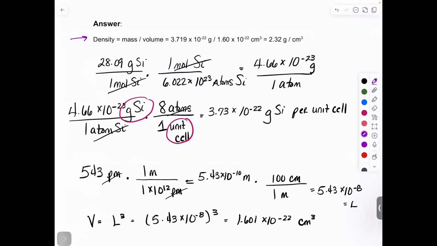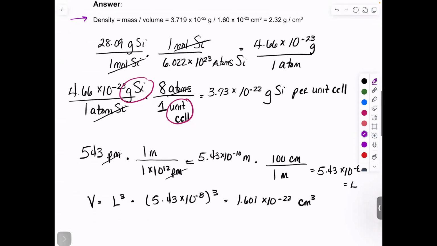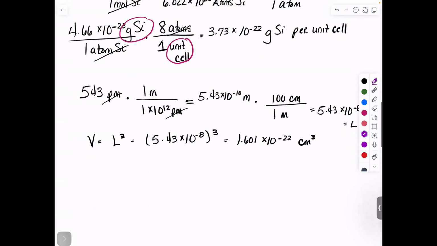Now, I'll go up here and highlight this answer. We have approximately 3.7 times 10 to the negative 22 grams per unit cell, and we know each unit cell has a volume of approximately 1.6 times 10 to the negative 22. I'm just going to scroll down a little bit more and write those numbers out.